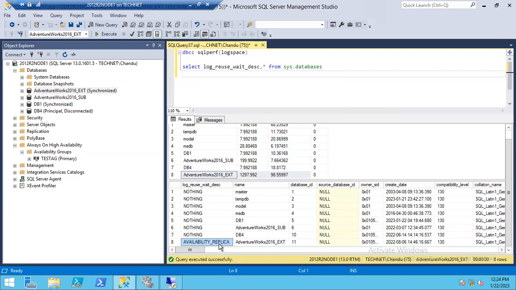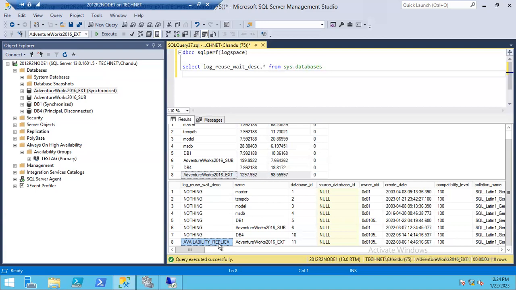Until the data is available on the secondary, the primary log file will keep waiting for the data to be replicated. If the data is not replicated to the secondary, the primary log file will not be truncated. That is the reason it is waiting for availability replica.